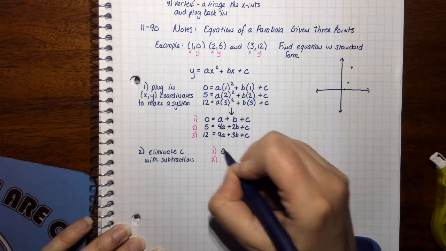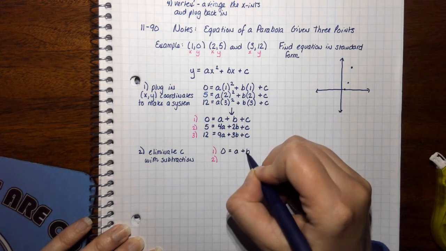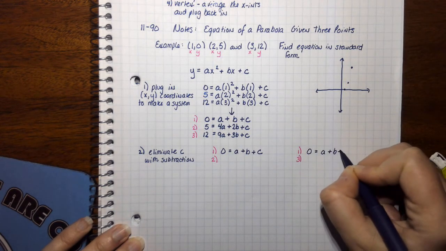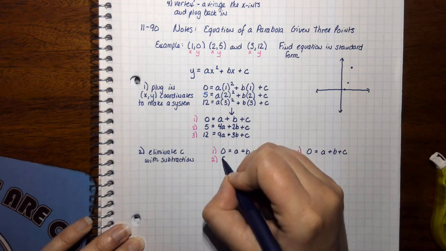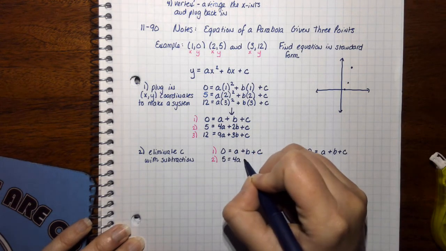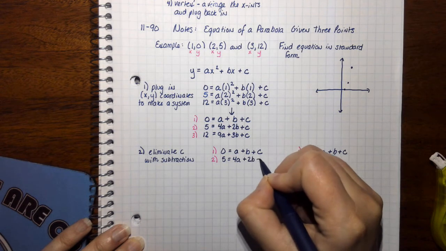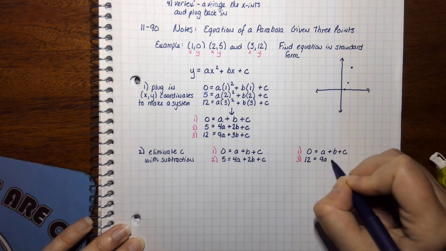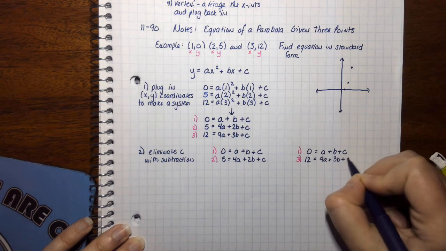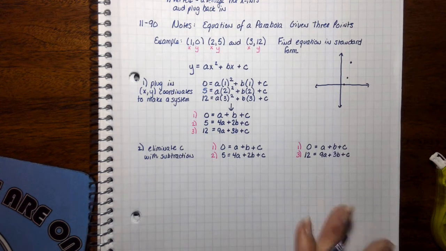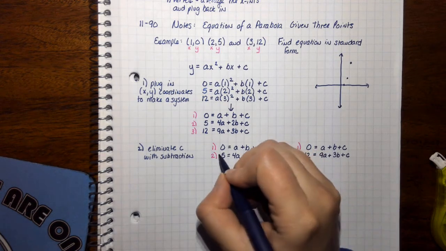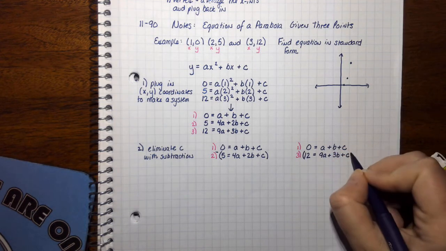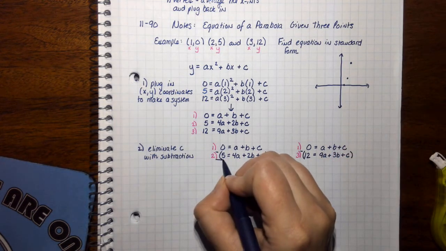So 0 equals A plus B plus C. 0 equals A plus B plus C. 5 equals 4A plus 2B plus C. 12 equals 9A plus 3B plus C. Okay, so we're going to use subtraction, so I'm going to put parentheses around the bottom equations and subtract.